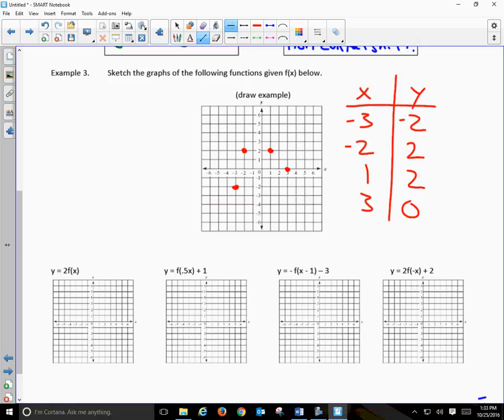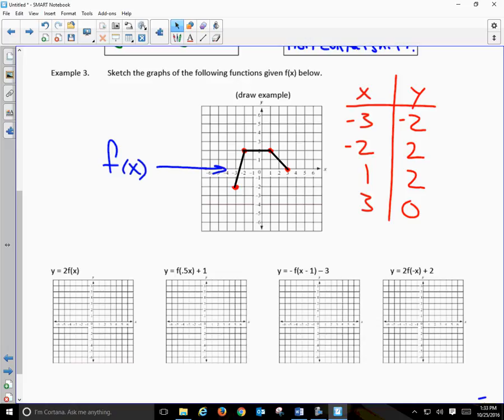And I'm going to connect it together. And this will be my function. So I just made one up. This is not a popular function. We haven't talked about it before, but it's a function nonetheless.